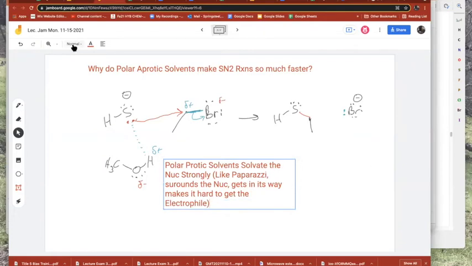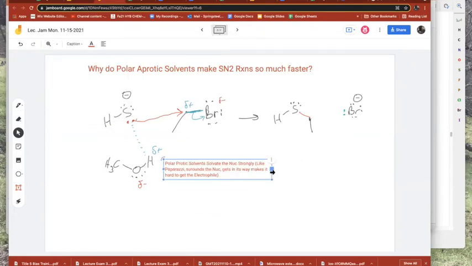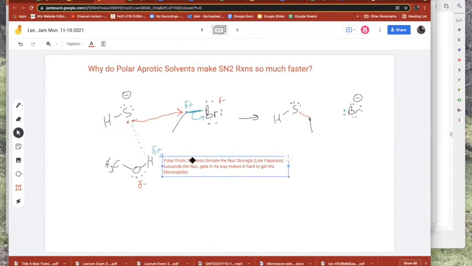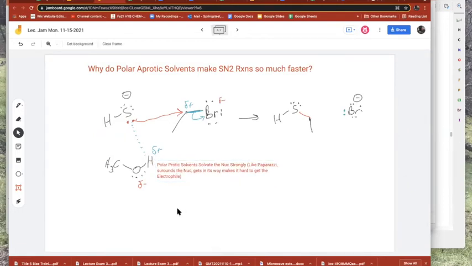All right, so that's how I think of it. That's what a polar protic solvent does.